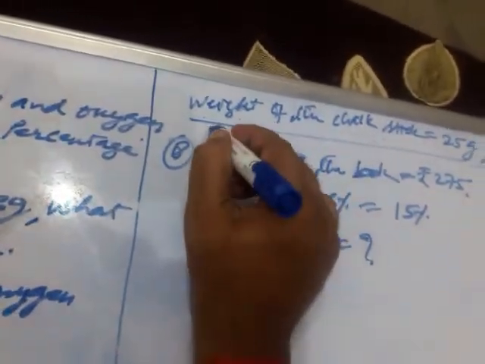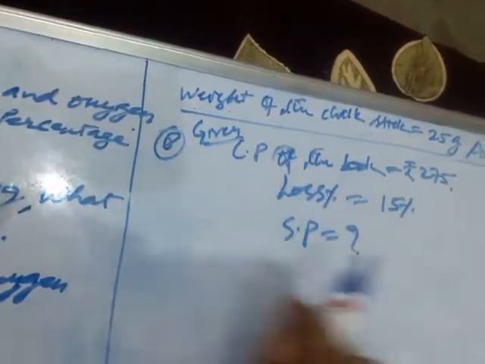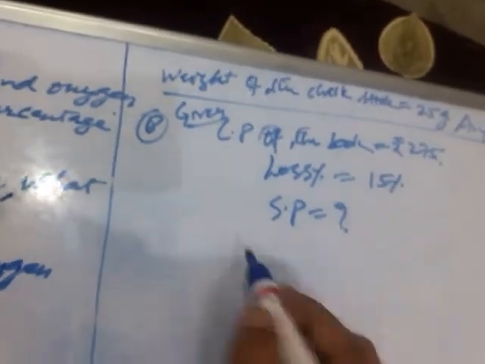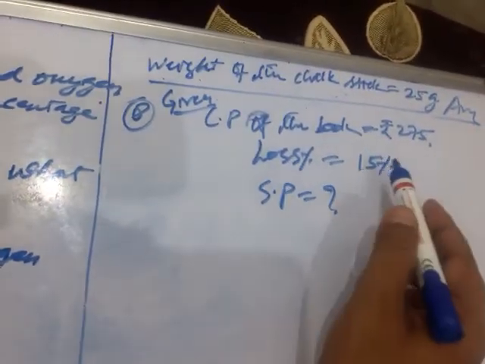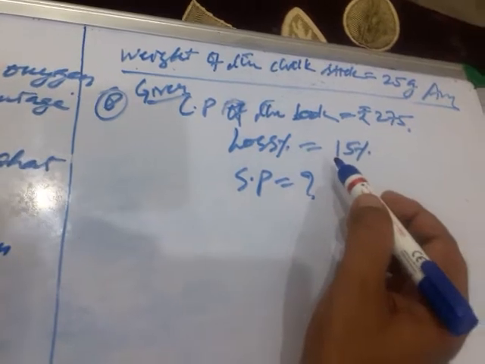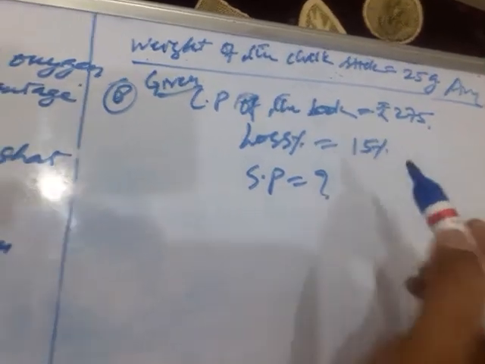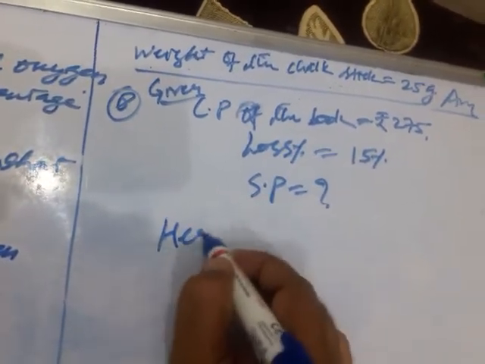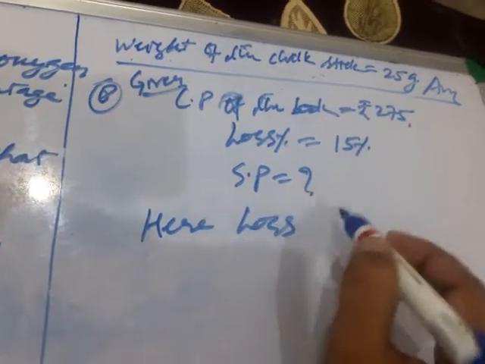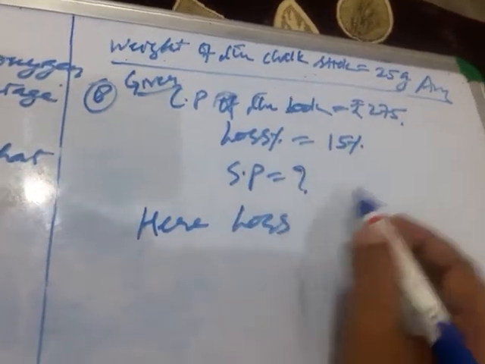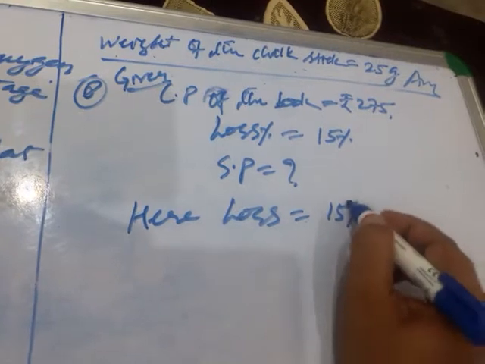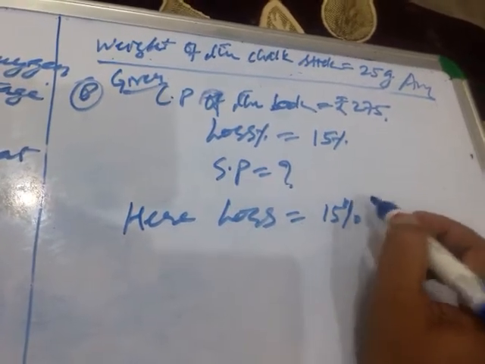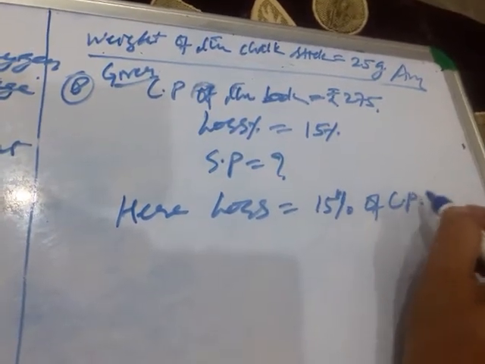Okay children, that is given here. So in case of loss, start the solution. CP of the book is rupees 275, loss equal to 15%. Then see, loss percent is 15%, so loss equals 15% of CP. Notice that, 15% of CP.